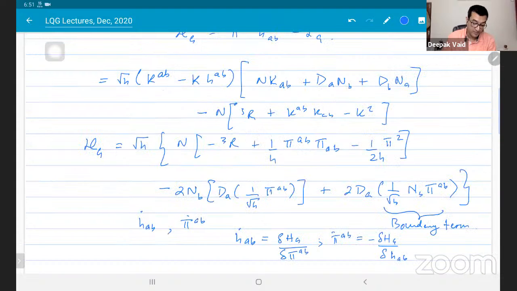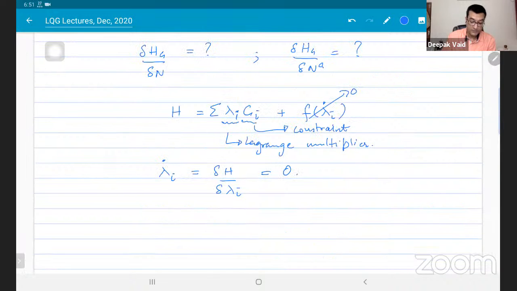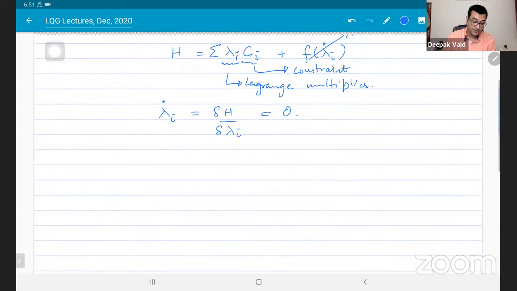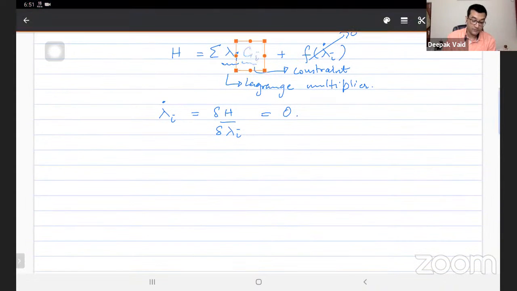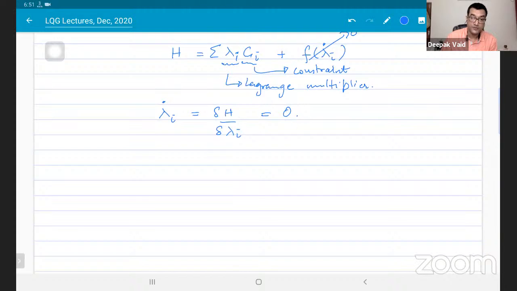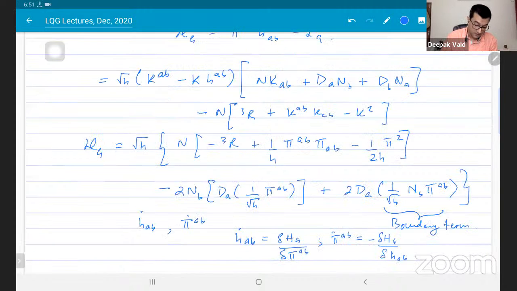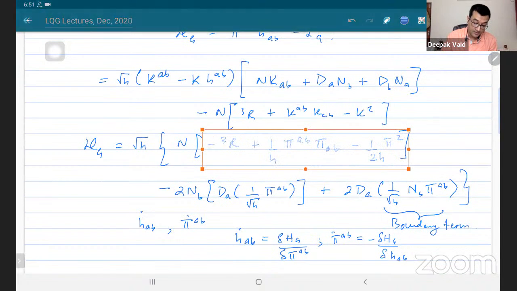There is no momentum term corresponding to the lapse and the shift. This expression has to be 0. So what it's multiplying, that quantity has to be constant. And so what we find is that this expression is 0.